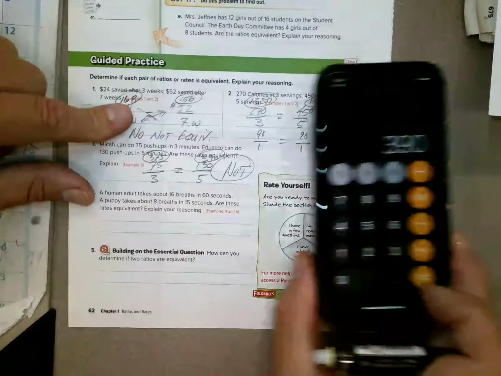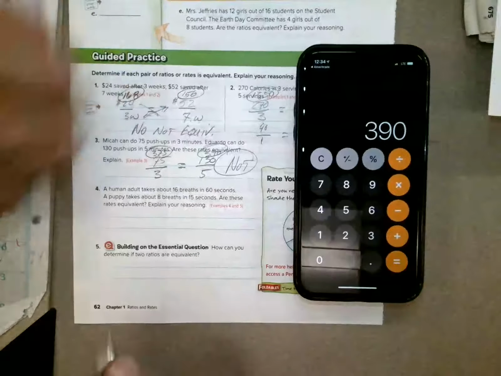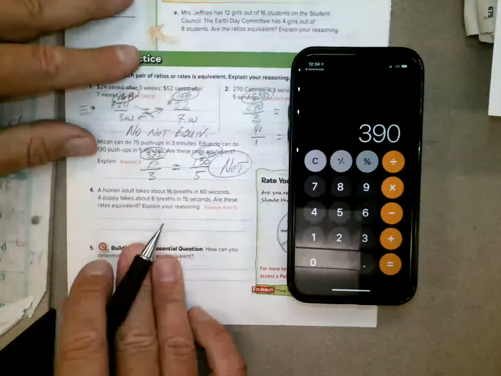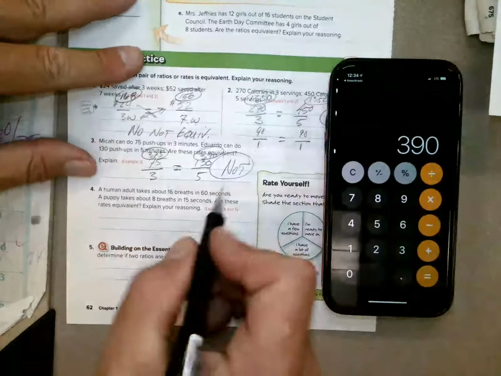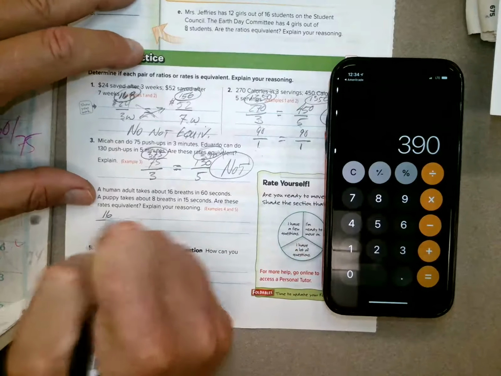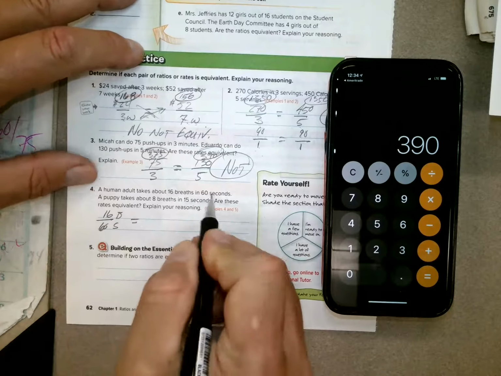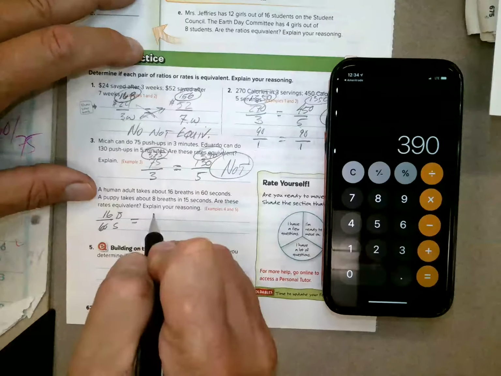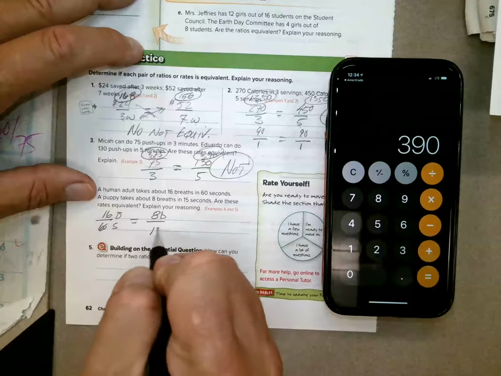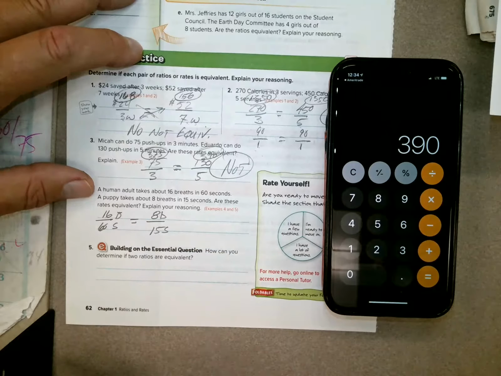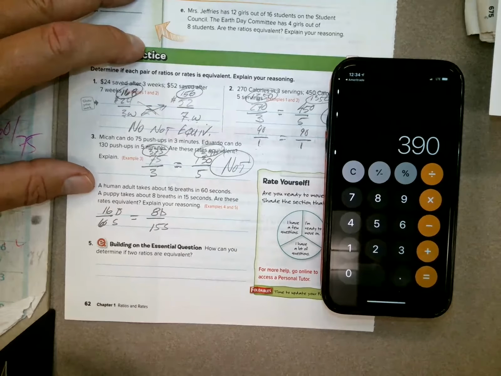Let's take a look at one more here. Number 4. A human adult takes about 16 breaths in 60 seconds. A puppy takes about 8 breaths in 15 seconds. Are these rates equivalent?